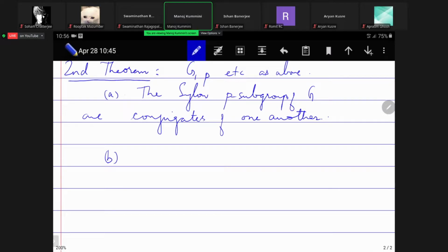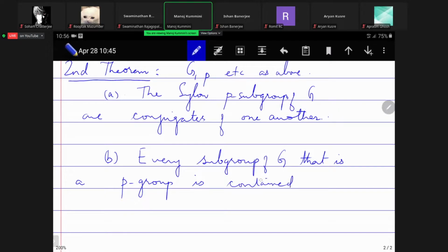And B: every subgroup of G that is a p-group is contained in a Sylow p-subgroup. In other words, let me just clarify what this means.